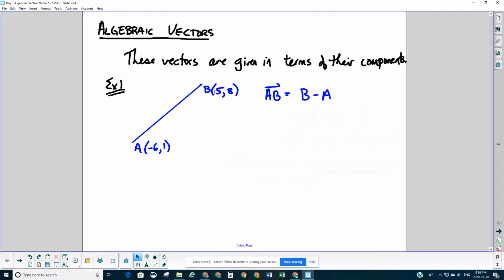So the idea here then is instead of representing the vector with an arrow, you're going to represent it with components.